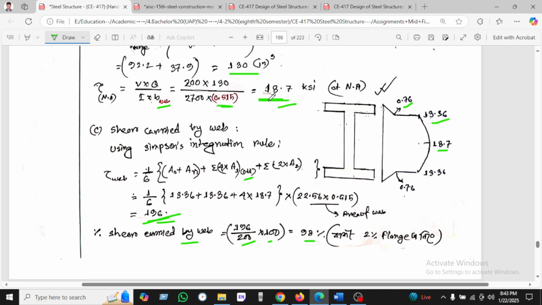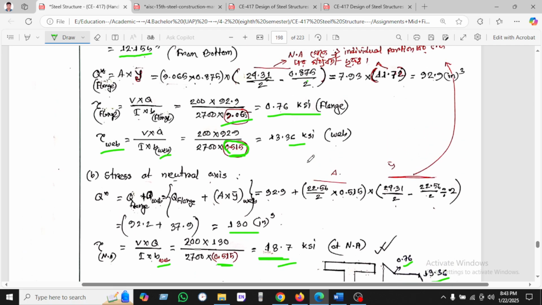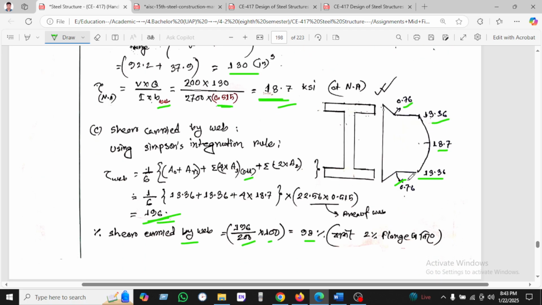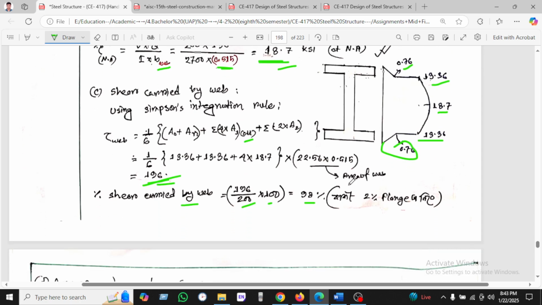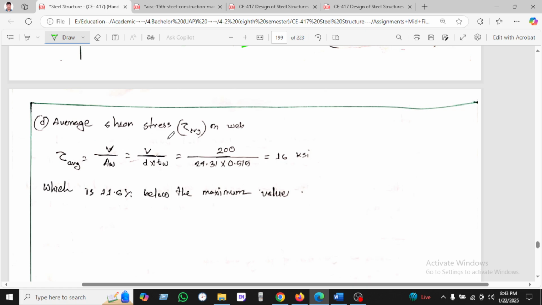Here 18 is at the neutral axis, and 13.36 is on the two sides. We found 13.36 here, and 0.76 is also found here in the flange. So this is the diagram. So the average shear stress on the web, we can see V equals A, which is d times tw, and found 11.6, which is below the maximum level.